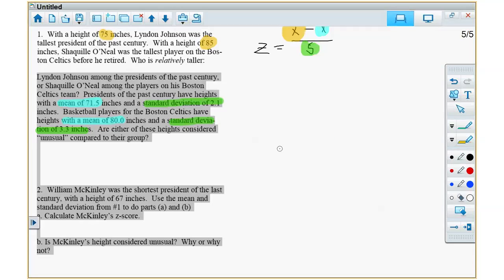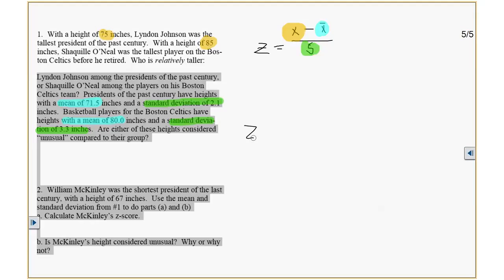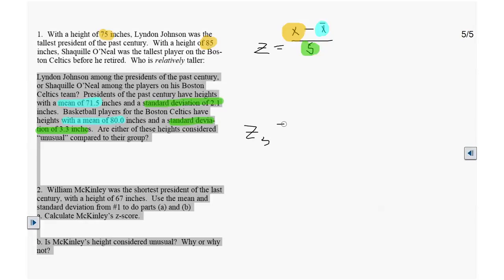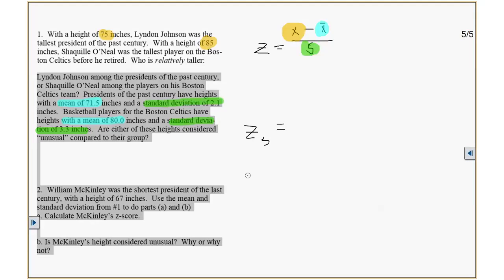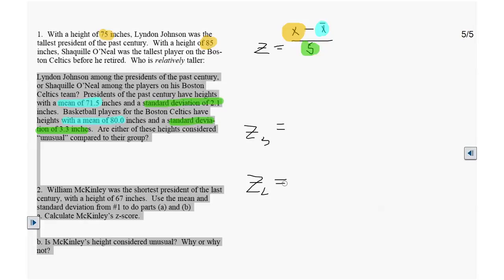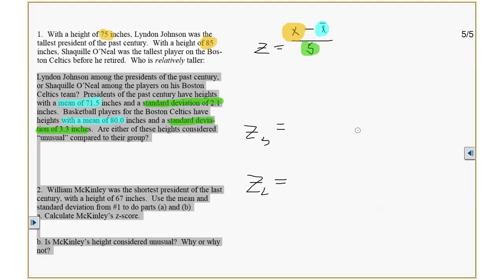So you got two z-scores to compare. You got the z-score for Shaq, and you need to plug and chug for that. And you got your z-score for LBJ. Do that. So which one are you going to do for Shaq? Which X is he? 85. Minus what?